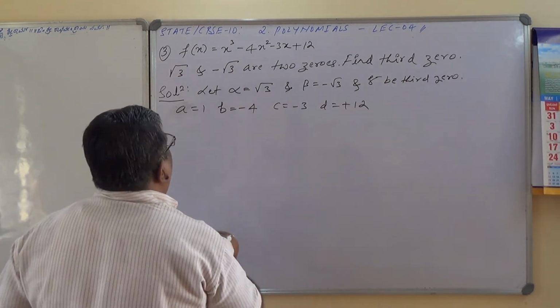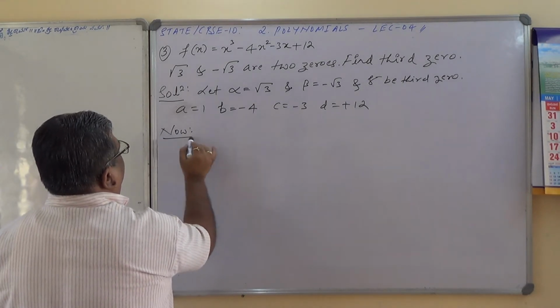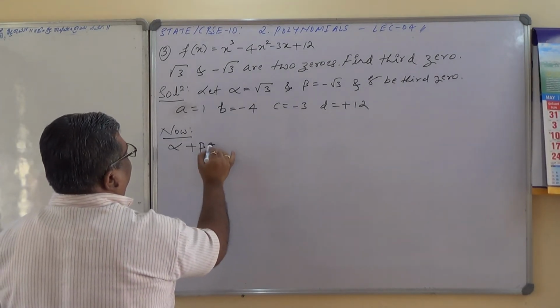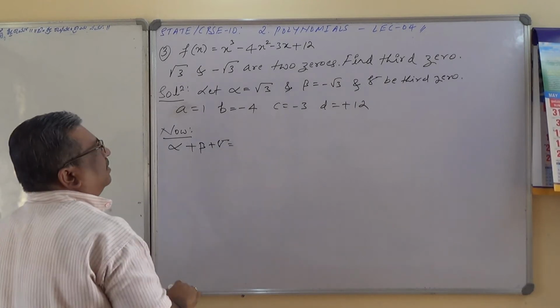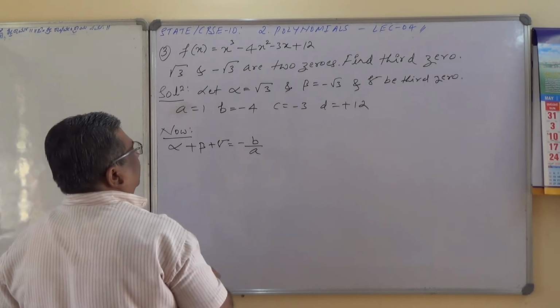Let's see here, alpha plus beta plus gamma equals minus b by a.